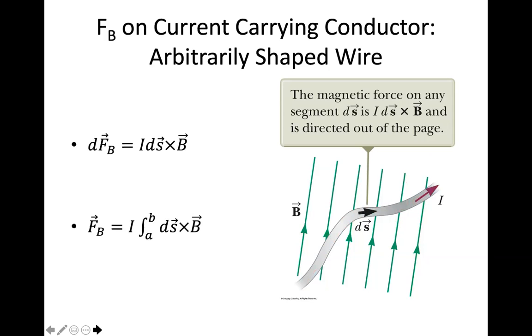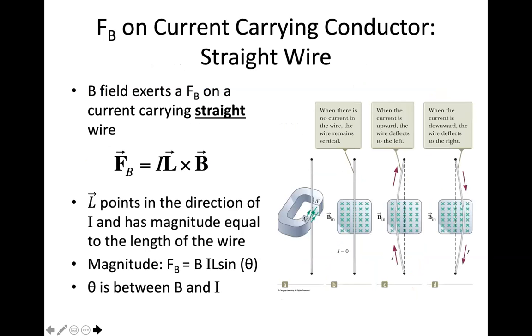So instead of writing it as, as we had it, IL cross B, what we're going to do instead is take this total length and break it up into little itty bitty pieces of length. Right here, the total length doesn't change direction, so I can just look at the whole thing.